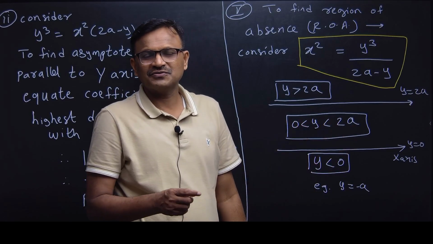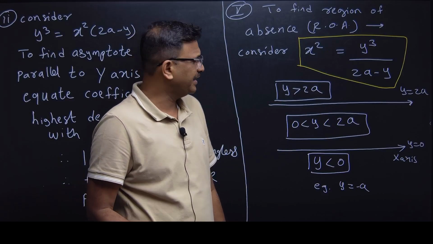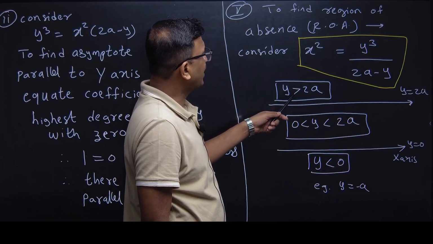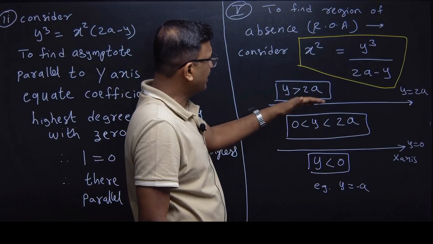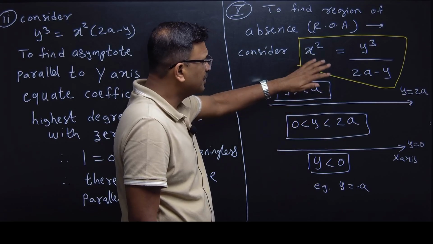There y can have values like 0.5a, a, 1.5a, 1.9a, etc. And we get one more region, that is y more than 2a, like y is 3a, 4a till y is infinity. So these two lines divide the space of this board into three parts.